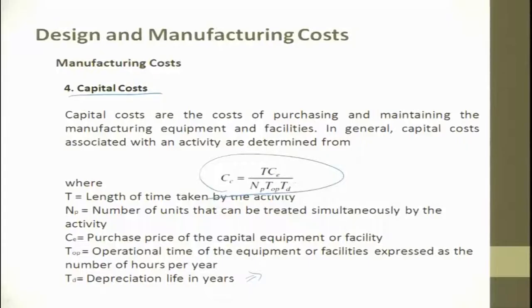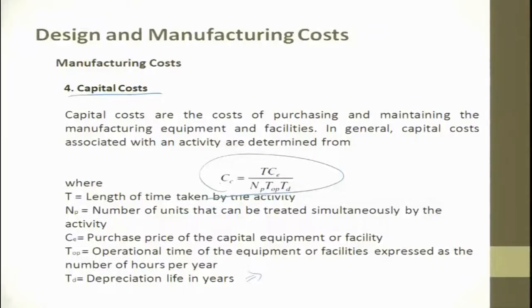Many items, if you start putting depreciation over a period of time, the value becomes 0. But the product or the part or the building you hold has a value even after the depreciation life period is over. So, here costing plays a very important role. Okay. So, this is how you try to calculate the capital cost.